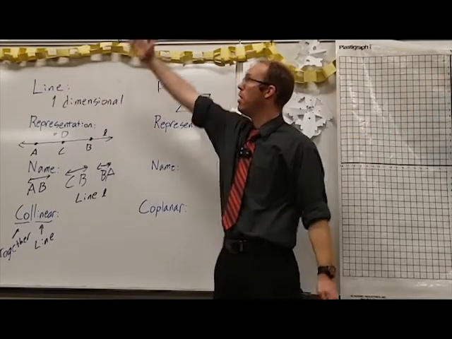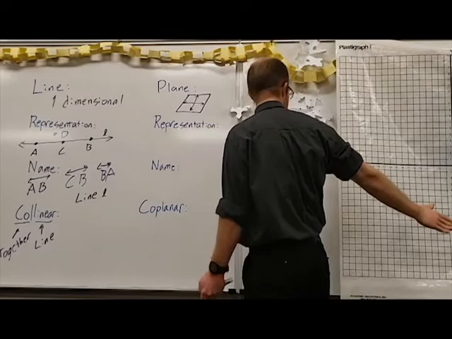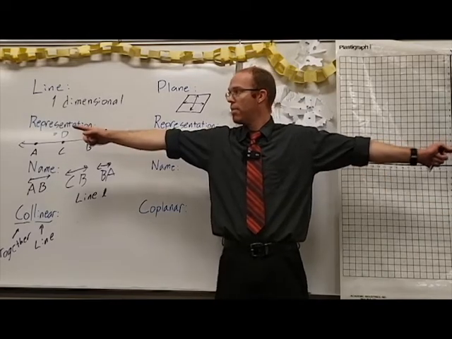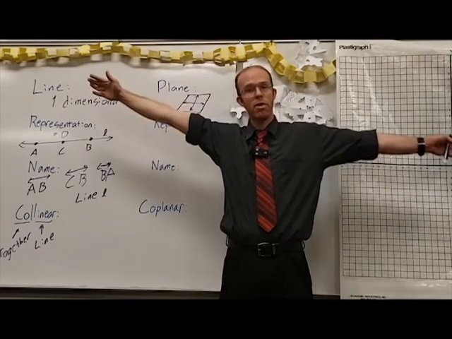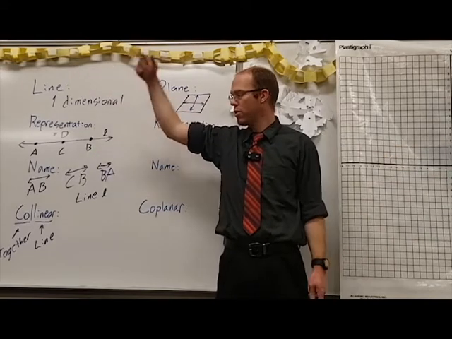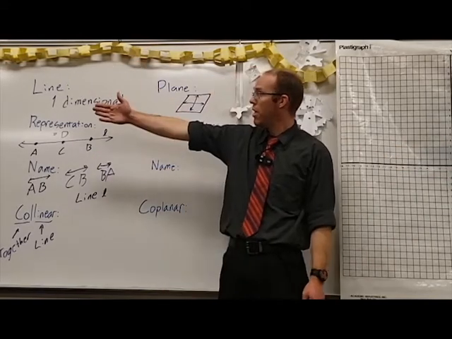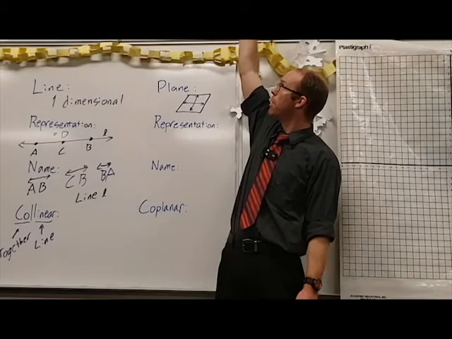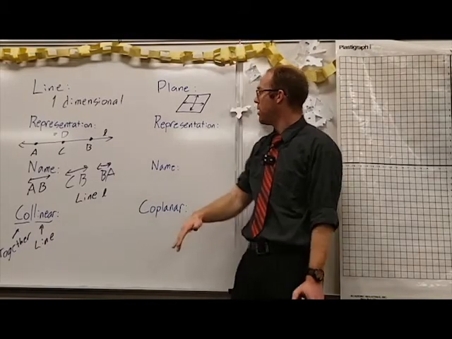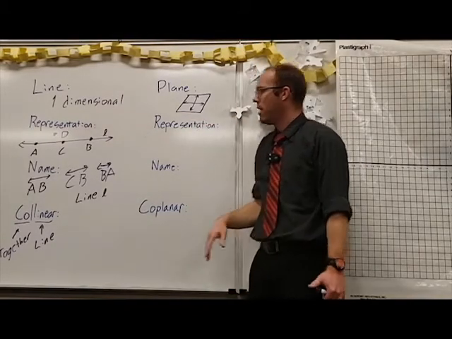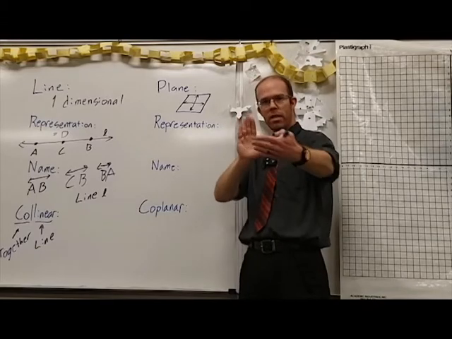So picture this wall as a plane. It has length and it has height, and those measurements continue forever in all directions. So it goes down forever, it goes to the sides forever, it goes up forever, and this would be an example of a plane.